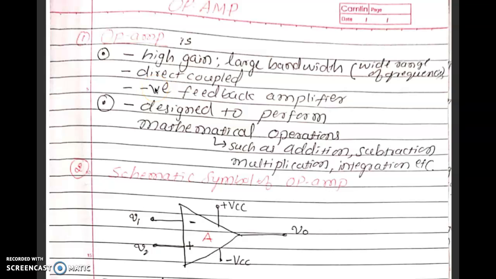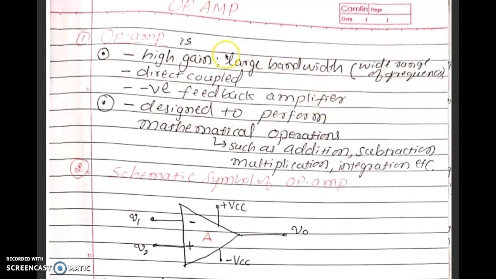So op-amp is going to use the negative feedback concept, and positive feedback has got its own advantages. Similarly, negative feedbacks are useful in some of the applications. What op-amp is going to have is the negative feedback concept in its amplifier stage.